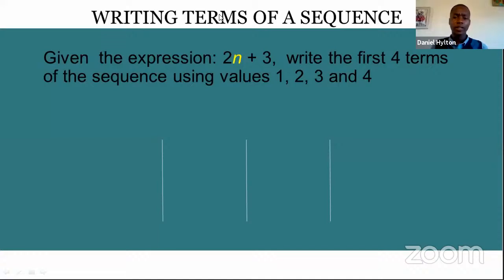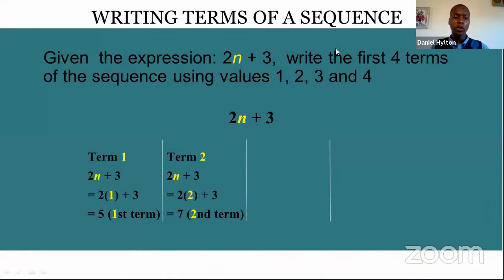Okay, great. So let's test those answers. If we were to generate our first term, we know that n would be 1. So substituting n for 1 and simplifying, we'll get our first term to be 5. Our second term, we would substitute n for 2 and simplify. So from that, we know that our second term would be 7.